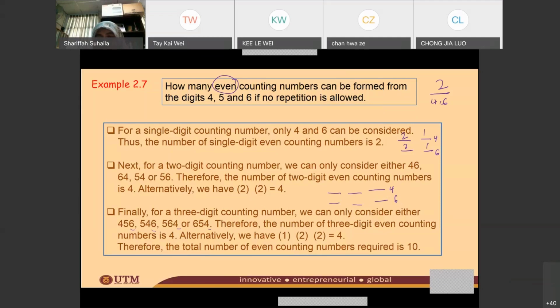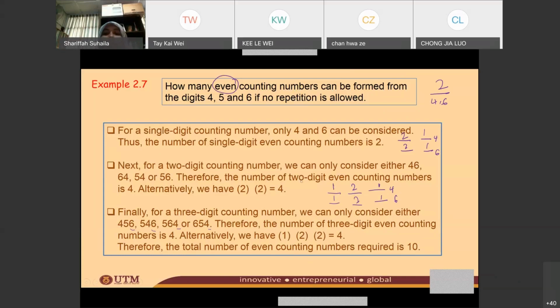If you fix 4 kat sini, maksudnya only one way lah. Ini pun only one way. So yang kat depan ni, ada 2 cara, 2 lagi value yang tinggal. Again, without repeating the same number, so only one possible way je, sebab kita ada 3 digit je. So ini pun sama. Ini 2, ini 1. So all together you have 2 times 2, which is 4.